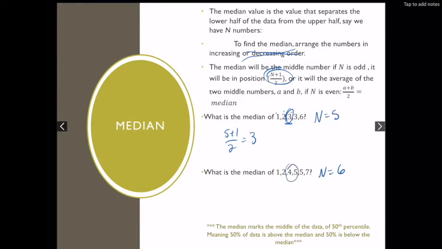So I have to take the average of those. I'm going to take 4 plus 5 divided by 2. That's going to give me 4.5. That's going to be our median. And it's okay that it wasn't in our data set originally, because 4.5 divides my data set in half. I have half the numbers over here and half over here. And that's the job of a median.